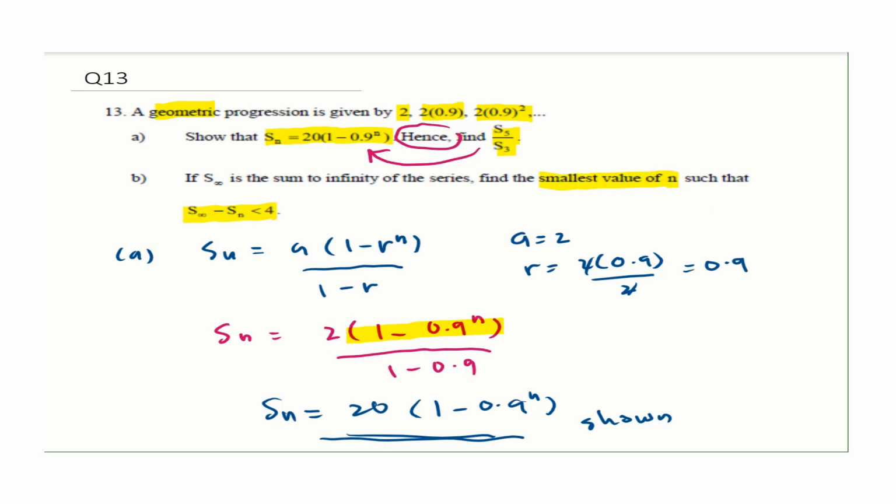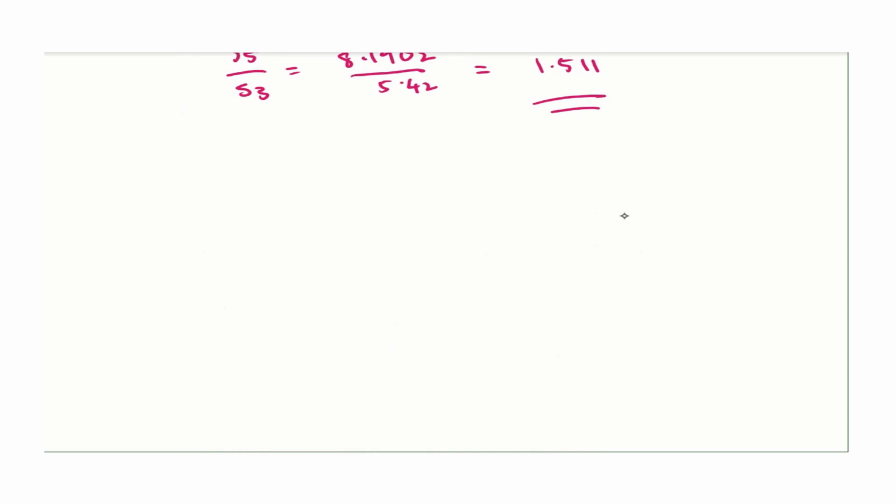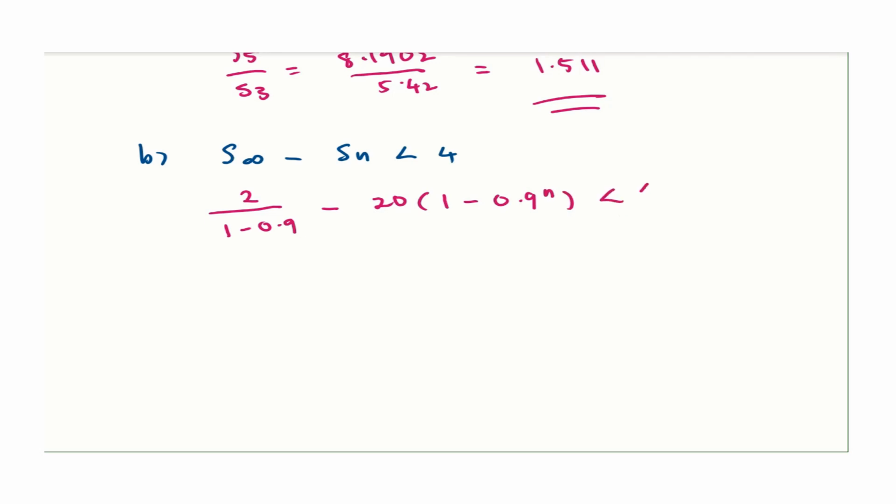So this means we want to interpret the smallest value of n from the inequality S infinity minus Sn less than 4. So for sure for this question we have to start with the S infinity minus Sn less than 4. For S infinity, we substitute into its formula, A over 1 minus R. A here, we already have it earlier. A is 2 over 1 minus 0.9, minus Sn, just use what was given, what we have shown, 20 times 1 minus 0.9 to the power n, less than 4.